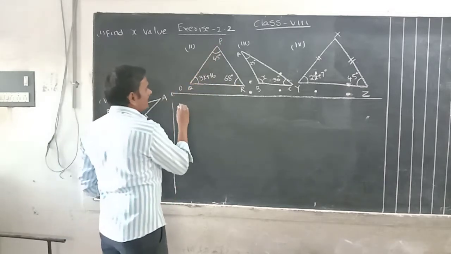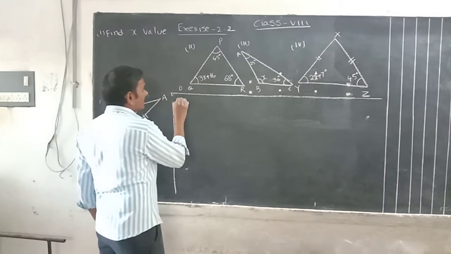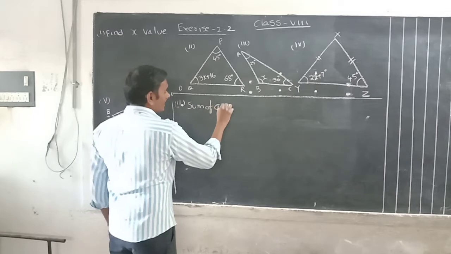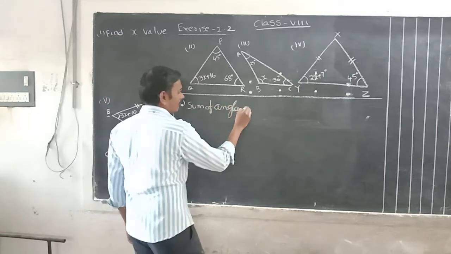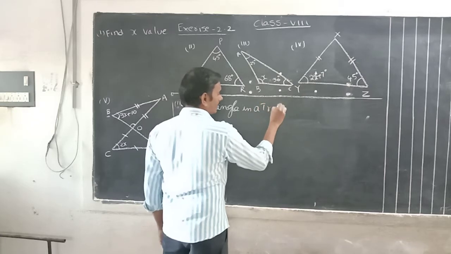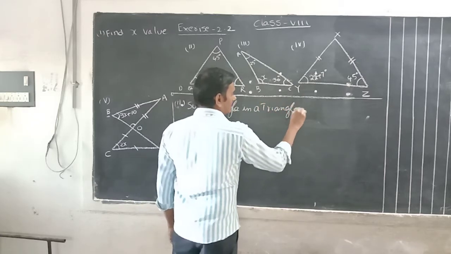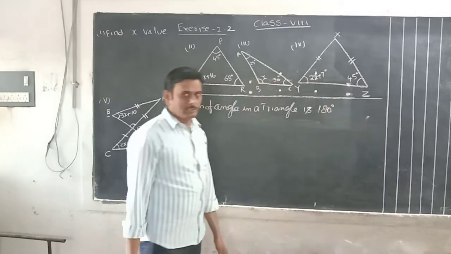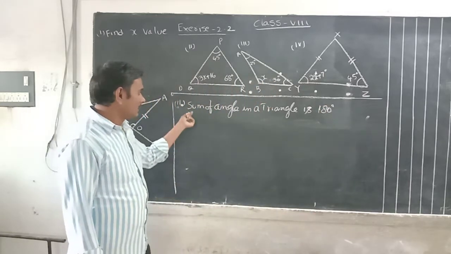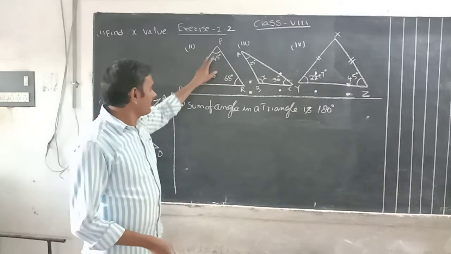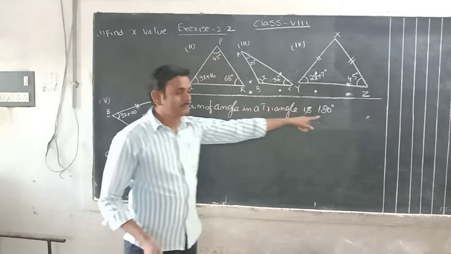This is the second property: the sum of angles in a triangle is 180 degrees. This property of angles we already discussed in the previous year. The sum of angles in a triangle is 180 degrees. By adding these three interior angles, we will get the sum 180 degrees.